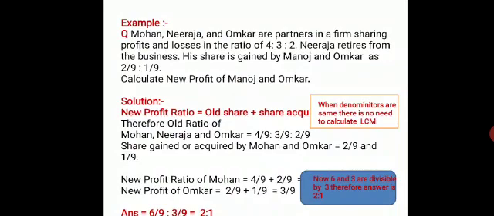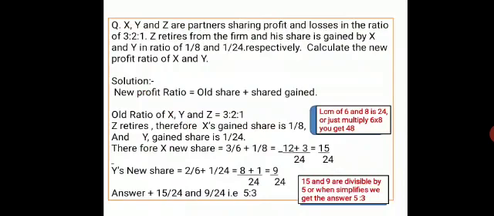So you will have 3 ones are 3 and 3 twos are 6. So your ratio will be 2:1. Now remember, students, when your denominators are the same, there is no need for calculating LCM or simplification. Directly add the numerators. Now we'll see the second problem.